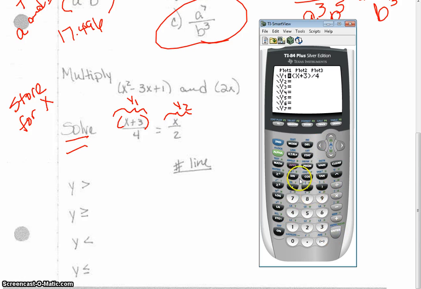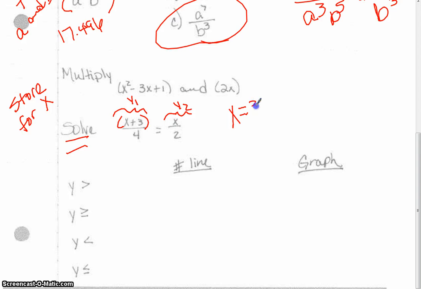And then at y2 we're going to say x divided by 2. And when you have something at y1 and y2, you go second, calc 5, let it draw, enter, enter, enter, and the x is what you care about, x equals 3. That's your solution. Okay, remember you went second, calc 5.